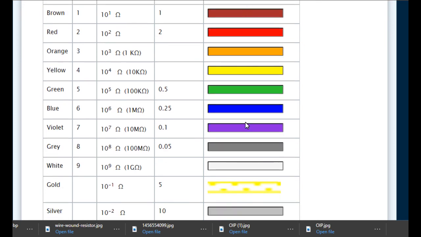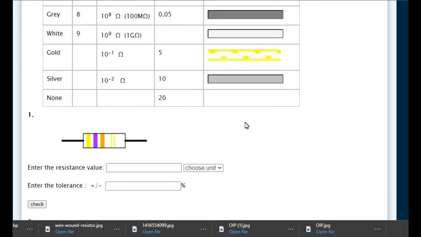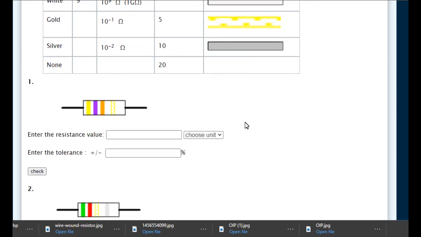Here is the color description, and below that 6 different cases are given where you have to enter your reading value from the color code, choose the unit, define the tolerance value, and then check. The check will tell you whether you have given the correct reading value or not.